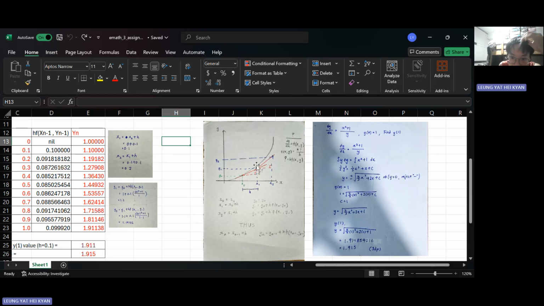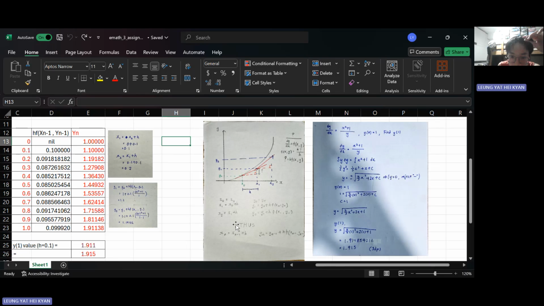Same thing, you get another right angle triangle, thus we can also use rise over run again, where this time f(x1, y1) is equivalent to the vertical distance of y2 and y1 over h. After that, we will get a similar equation of y2 is equivalent to y1 plus h f(x1, y1).